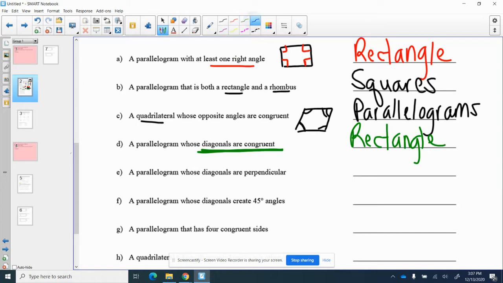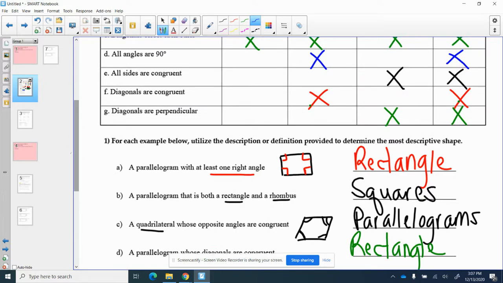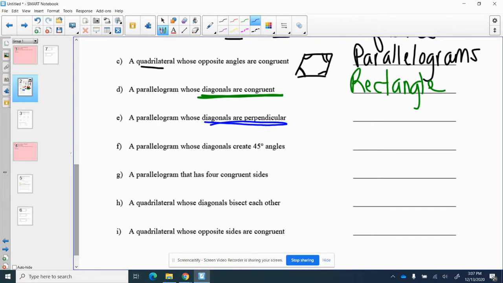A parallelogram whose diagonals are perpendicular, again, if we look back up here, diagonals are perpendicular in a rhombus and a square, but we don't, again, have enough information to say beyond just rhombus that this is also a square, because we don't have enough information about properties to say specifically square.